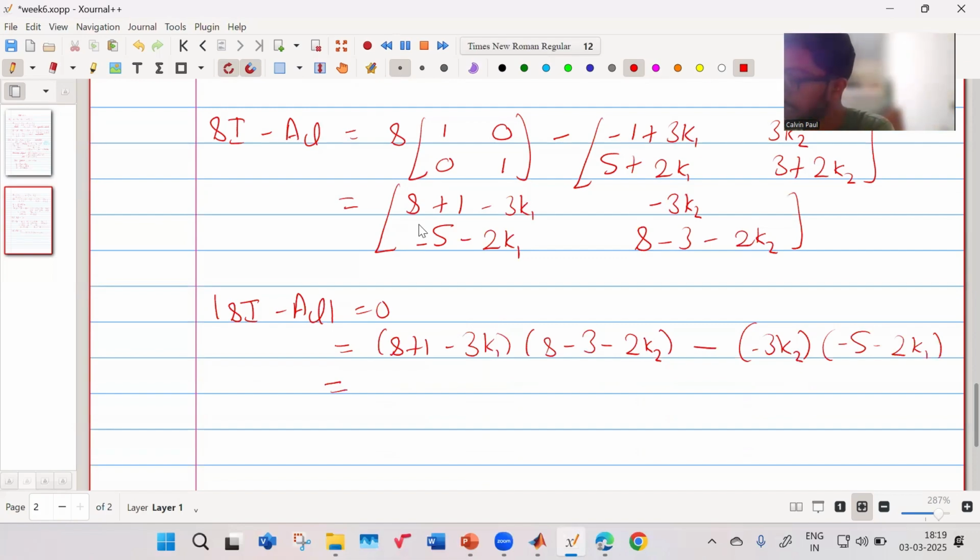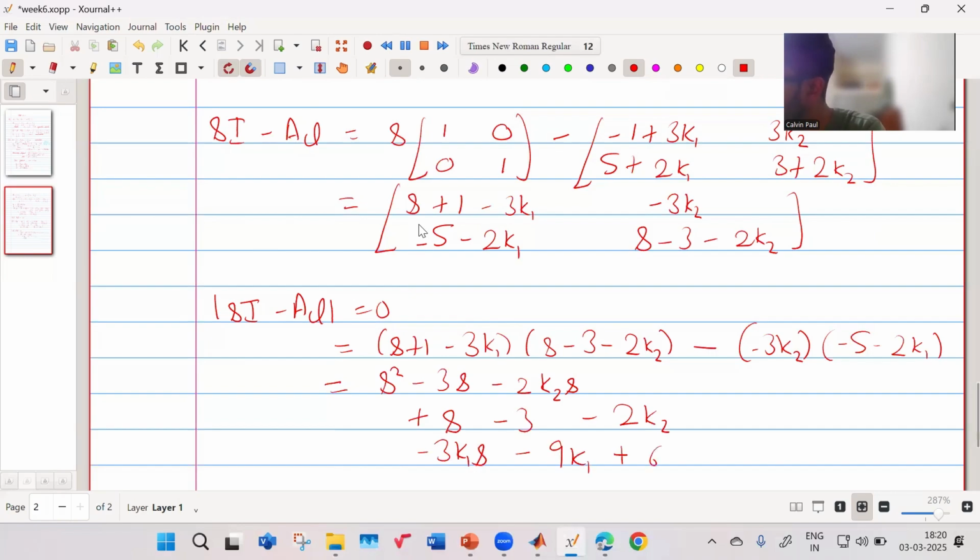So let me write it as, so this becomes s square minus 3s minus 2k2s. Then plus s minus 3 minus 2k2 minus 3k1s minus 9k1 plus 6k1k2.